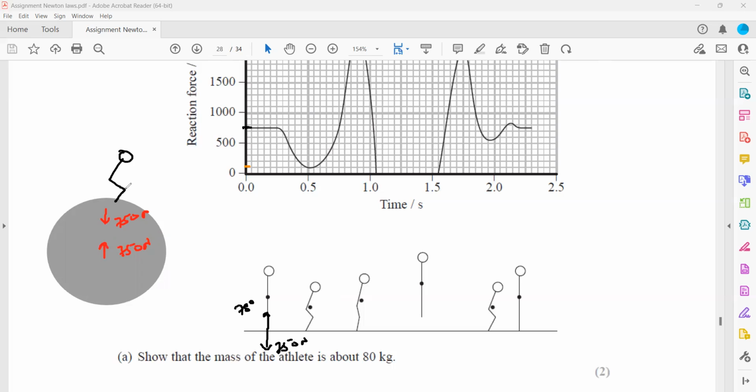So as he bends his knees, the downward force by him on the ground is 100. If the downward force is 100, what will the upward force be? The upward force is also 100. So with reference to the earth, there is more downward force than upward force, so that's why he will accelerate. Or you can also say, when he is bending the knees, the reaction force is smaller than the weight, so there will be a resultant force downward, or an acceleration down, or forces are not balanced.